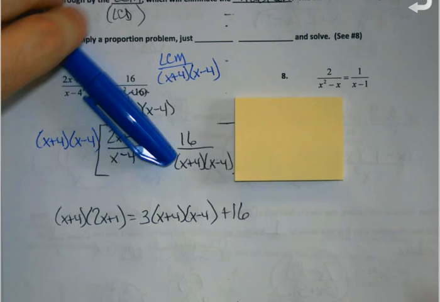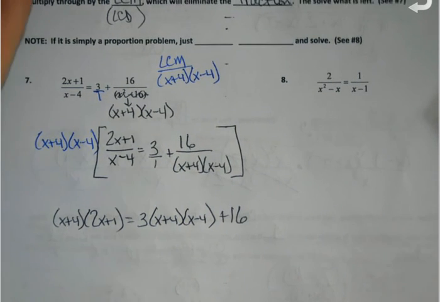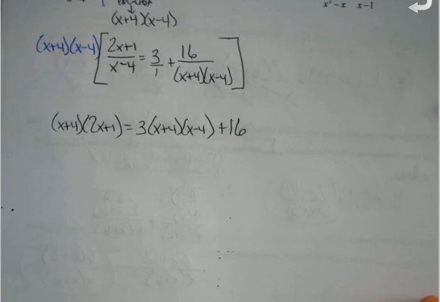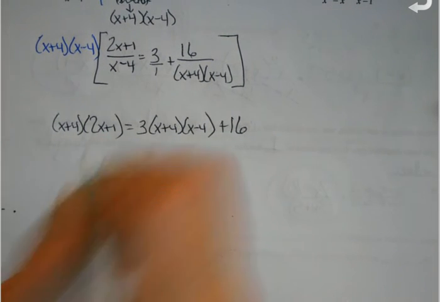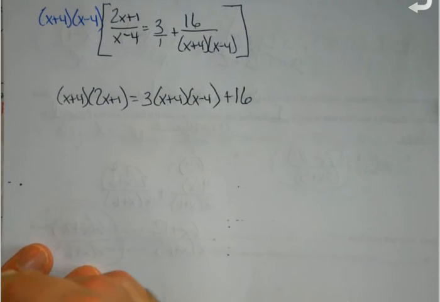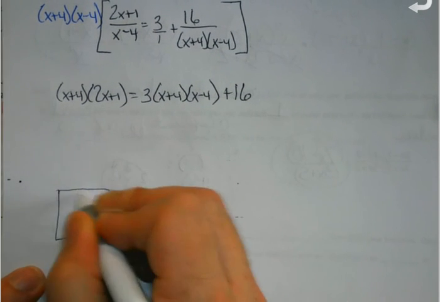So my job once I do that is to FOIL or box these out so I can start working this down some. I'm going to do that part for you here in advance. Let me move this up. I'm going to box this first one out just as a reminder, because I know it's been a while for some of you.